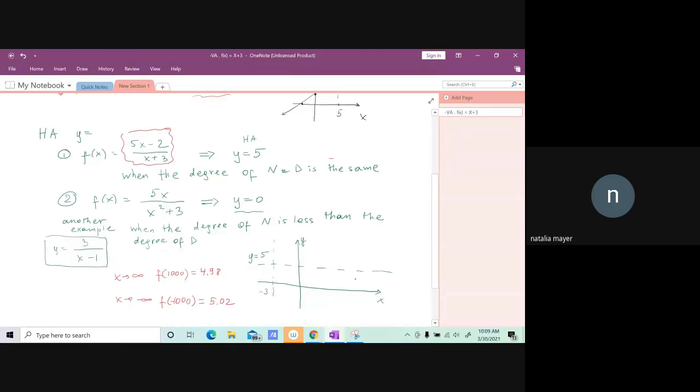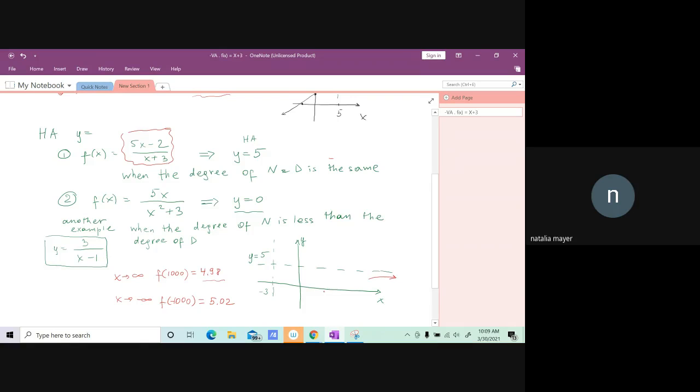So when I go to the right, is the function approaching the asymptote from above or from below? Below. From below. So it means that it looks like this, right?